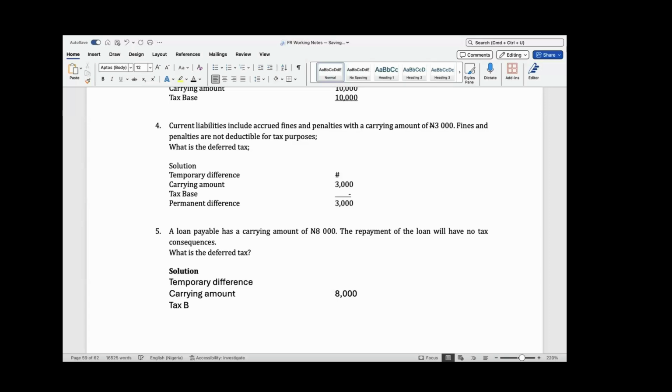What's the tax base? Zero, because the repayment has no tax consequence. So in this case, that difference is a permanent difference of 8,000 because it has no tax consequences.